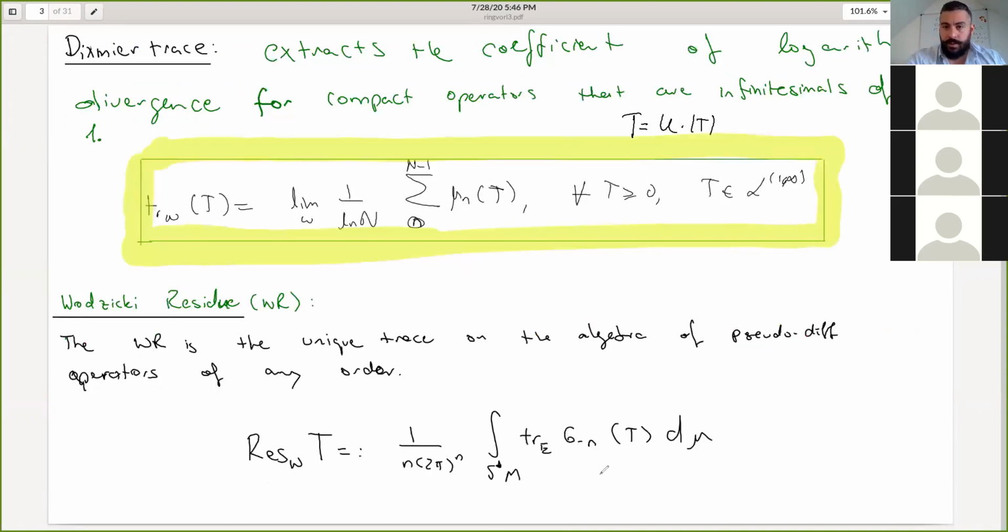The ones that we were interested in were the infinitesimals of order 1, which means that the singular values mu n of T went as C n inverse, right?